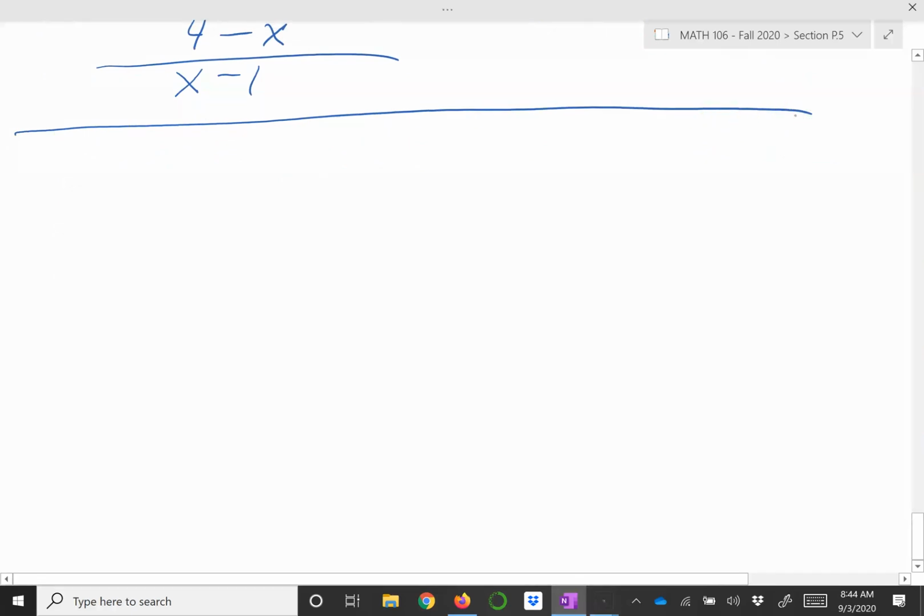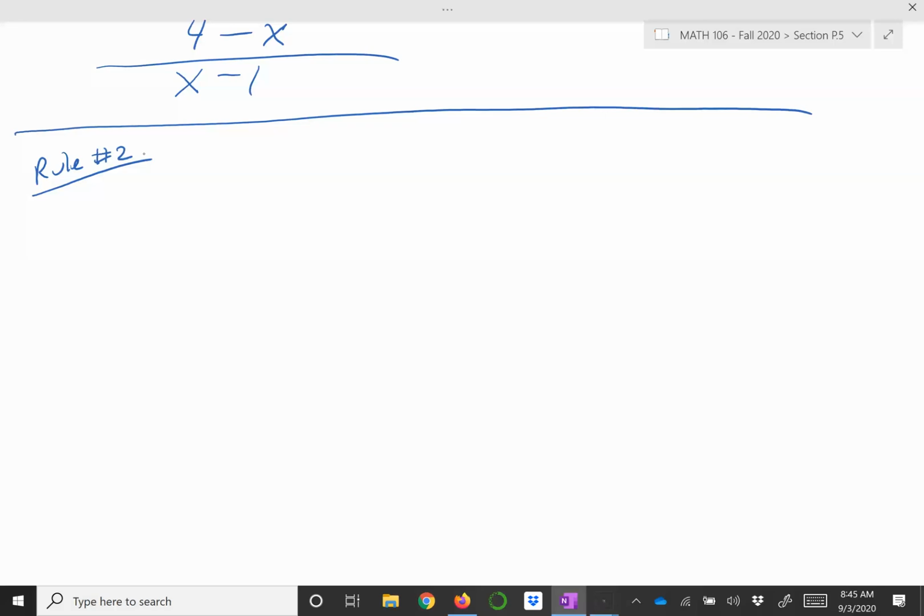Okay, one more rule, and then a couple problems, and we'll be done with P5. All right, here's another rule. We'll call this Rule 2. Because again, when you're doing homework problems or seeing problems on quizzes or exams, I want you to be able to think, okay, if I'm adding rational expressions, which rule do I have to go back to and remember?